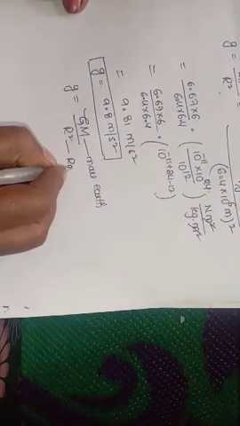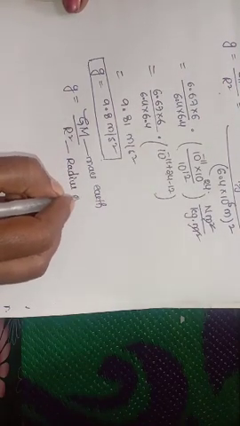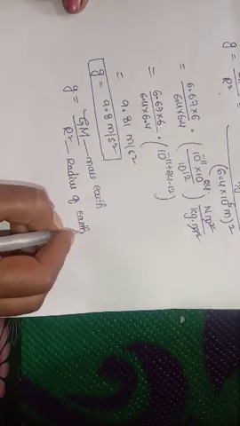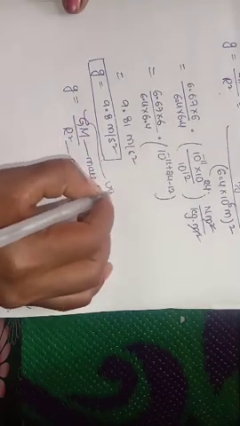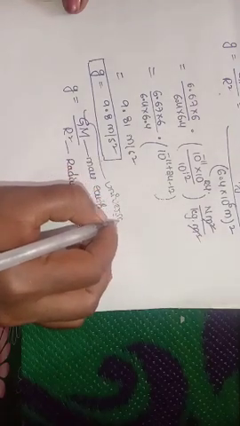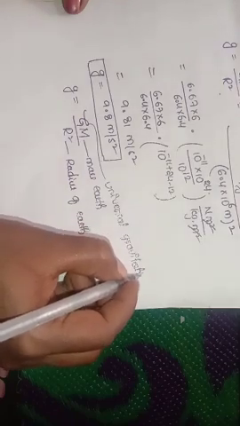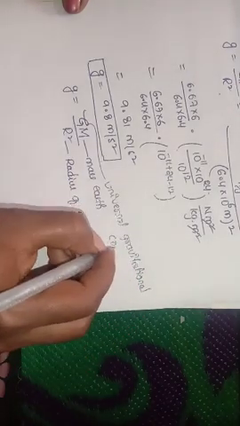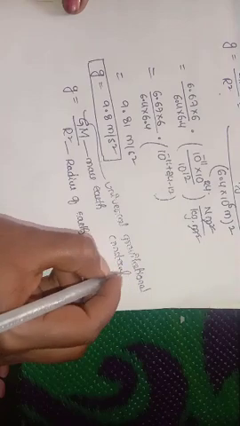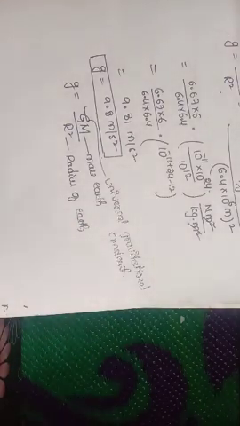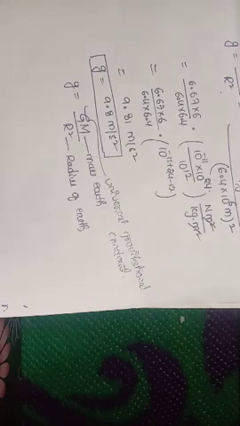This is the radius of earth, mass of earth, and this is the universal gravitational constant. So no small m term here means the acceleration due to gravity does not depend on the mass of the object.